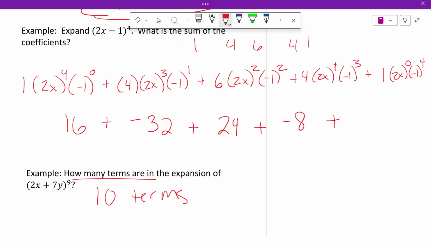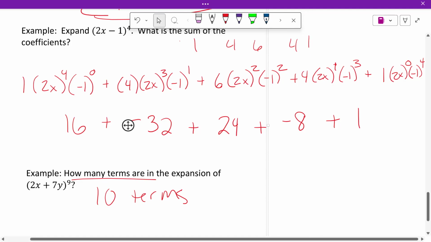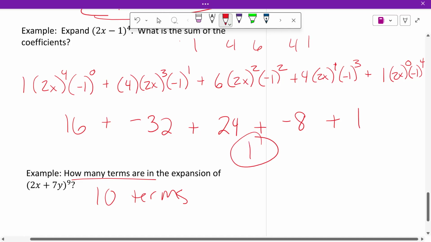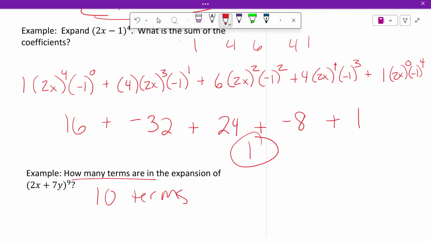Negative 1 to the 4th is 1 times 1 is 1. So 16 plus negative 32 is negative 16. Negative 16 plus 24 is 8. Minus 8 is 0. Plus 1 is. After all that, what's the sum of the coefficients? 1.